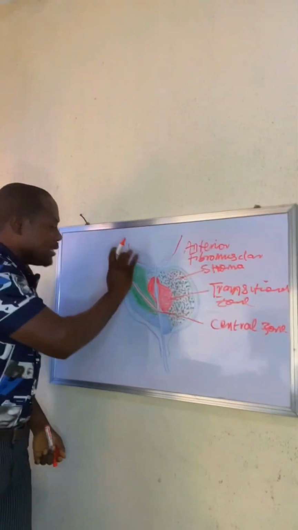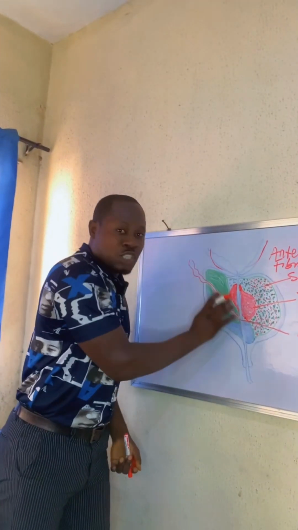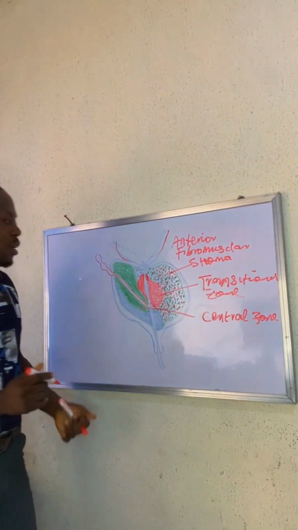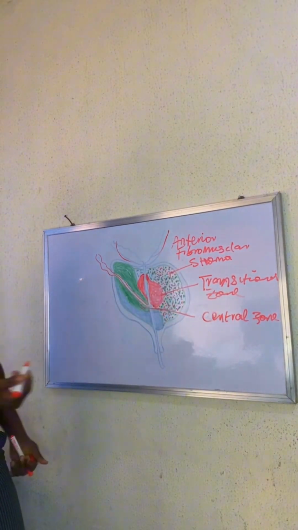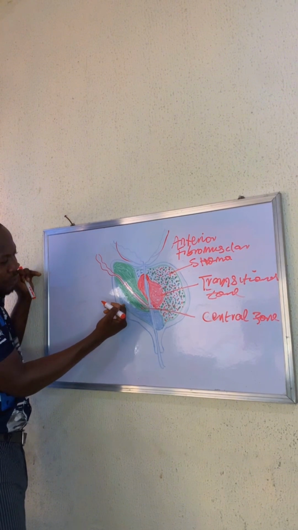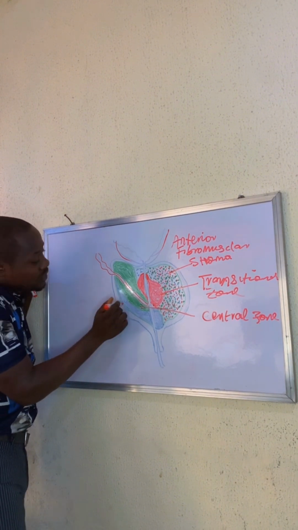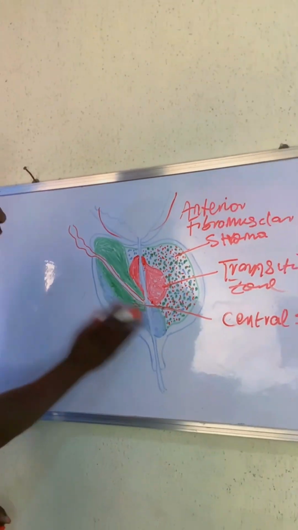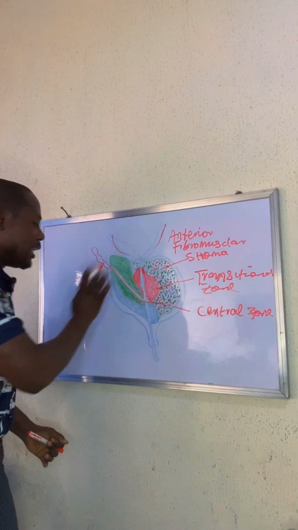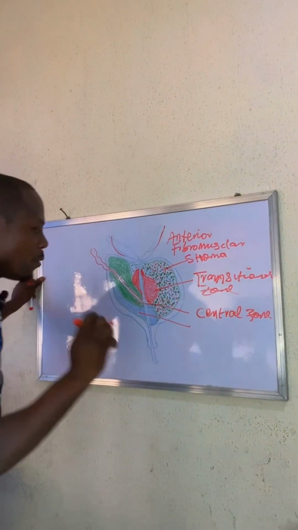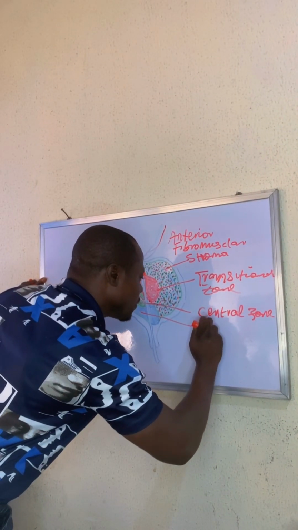The ejaculatory duct passes through the central zone, which is the third zone of the prostate. Now, this blue that you are seeing here is the posterior aspect of our prostate gland, and it is called the peripheral zone.